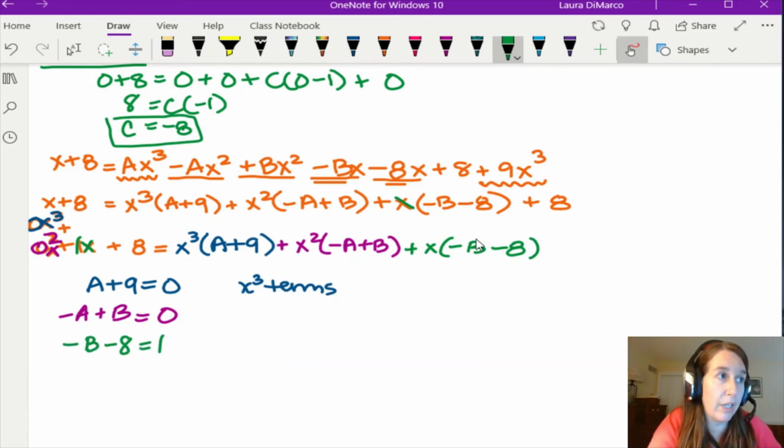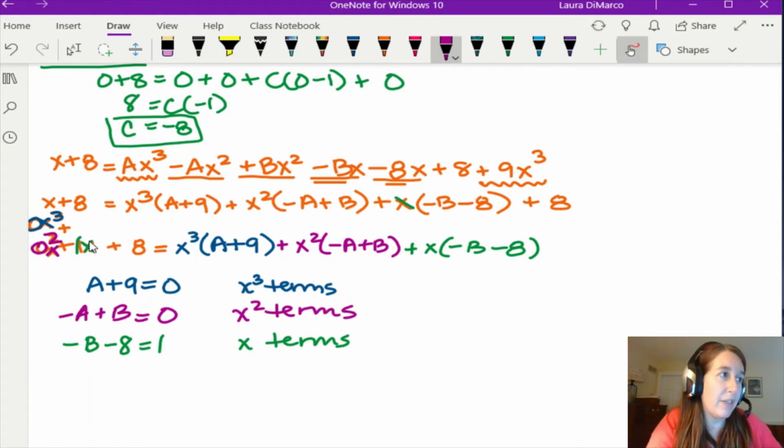Okay, that's the green terms matched up, the coefficients of x. So I should have said the x terms here, and this was the x squared terms. So by the way, this is called an identity. You're comparing one side of the equation to the other, and you know they have to be equal because of the equal sign. So it's an identity.